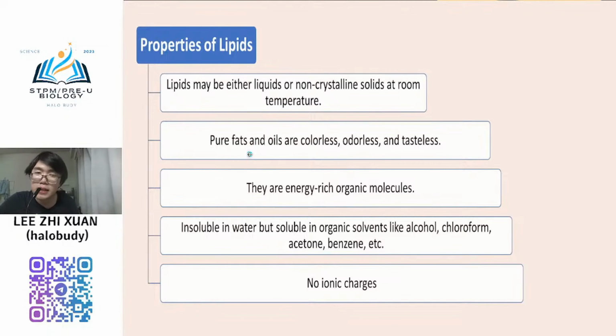During cooking, your oil has already been processed and has additional chemicals or additional substances, additional organic nutrients, all like that. So it can change to the yellow color that you see in the kitchen. But if you want to see pure fat, totally pure, 100% pure, it is actually colorless, similar to water, and also odorless and tasteless.